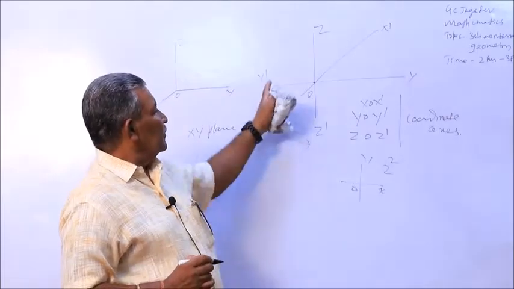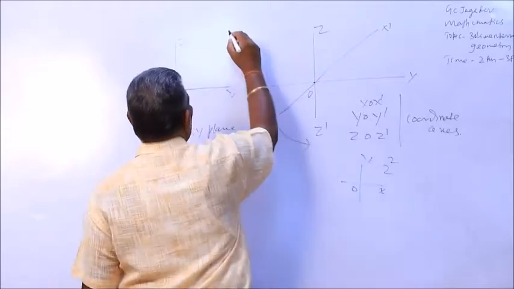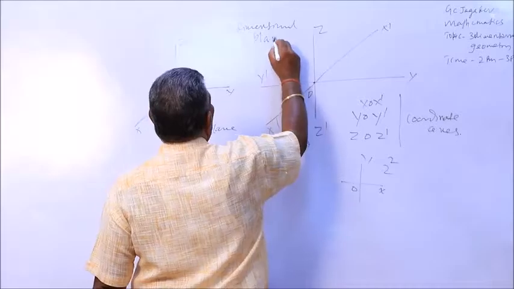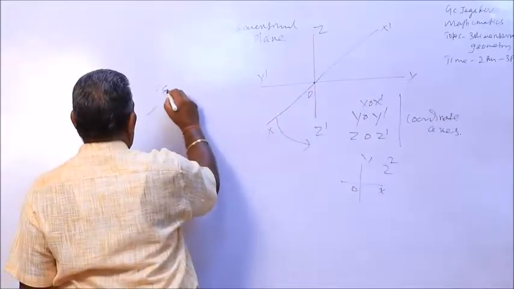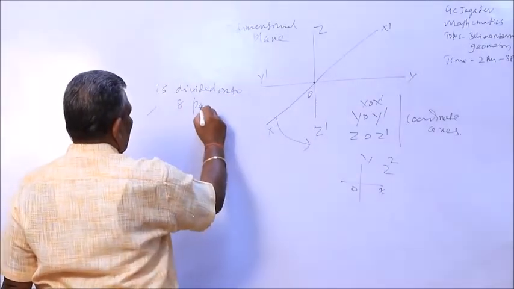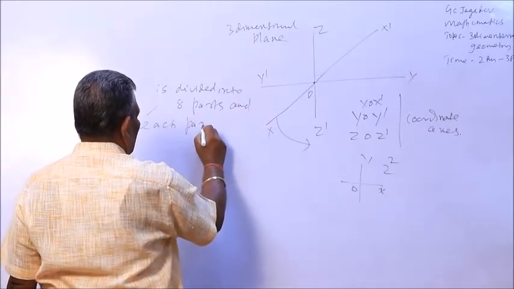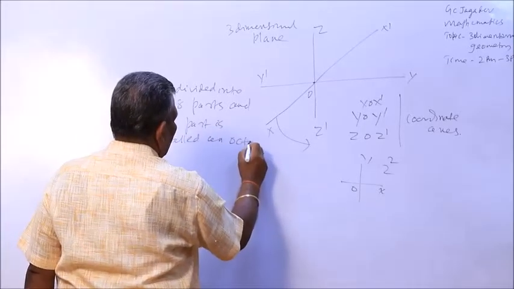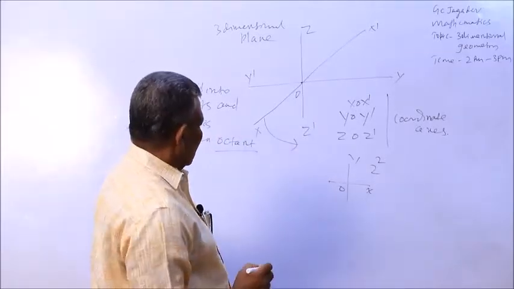Here we have three axes, so this three-dimensional space is divided into eight parts, and each part is called an octant.